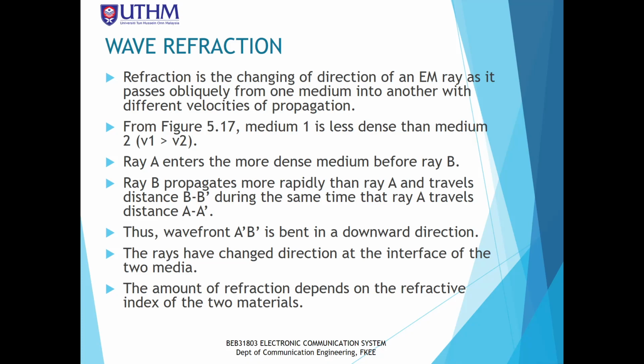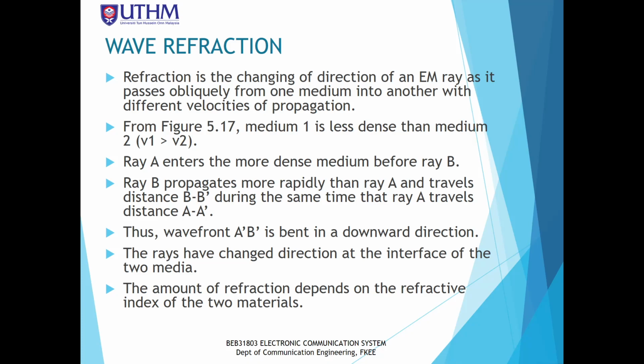Wave refraction is the phenomenon that happens when the wave travels through two different media that have different densities. When the wave travels from a medium that has less density towards a medium with higher density, the wave does not travel in a straight line. Instead, it will bend to a different direction.